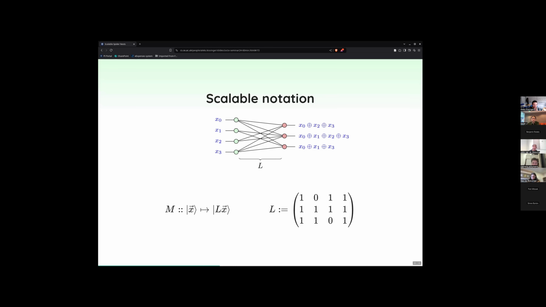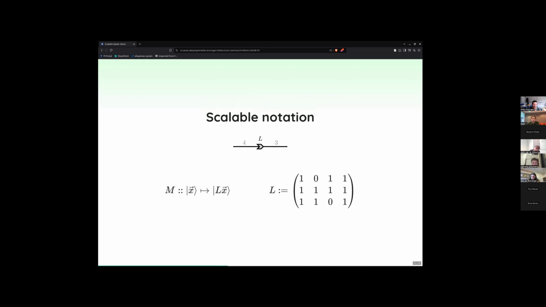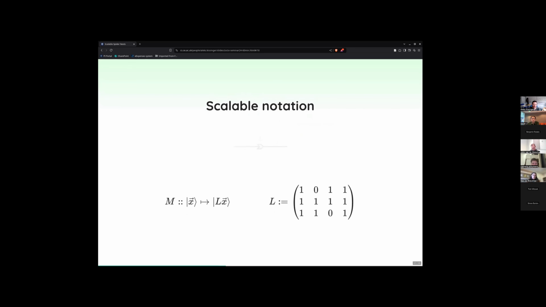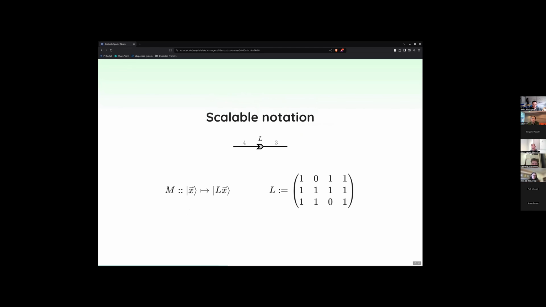So this is a parity normal form, and I can rewrite it into scalable notation as something that looks like this. Now what this is telling me is I have a register of 4 qubits connected to a register of 3 qubits, and the way that they're related to each other is via this adjacency matrix. So now I've abstracted over this connectivity and hidden that complexity into this matrix L.